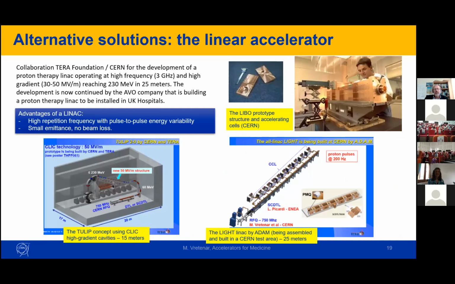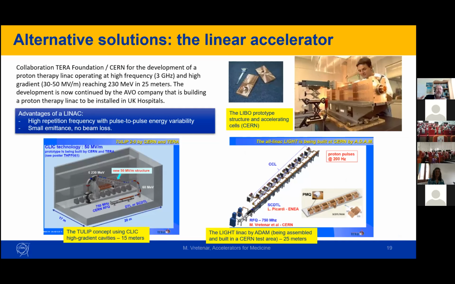I have also to mention another option, because it will come again in the rest of the lecture, which is using linear accelerators. In the first lecture, I told you that it is crazy to go to high energies with a LINAC because it will be very, very long.